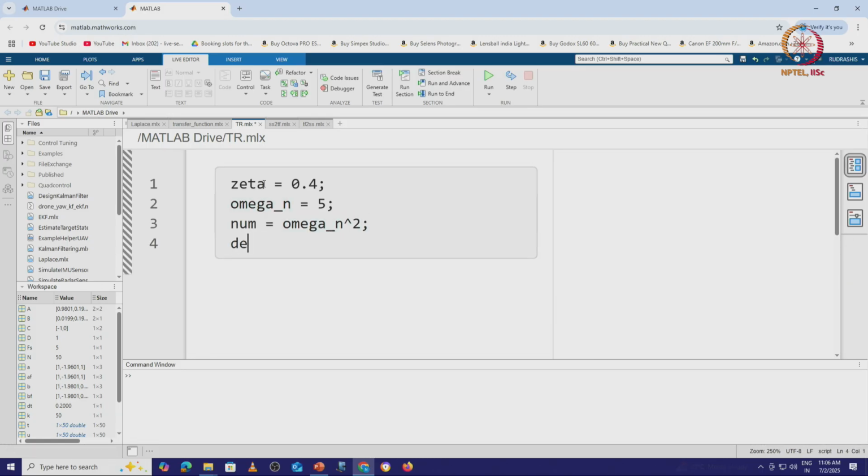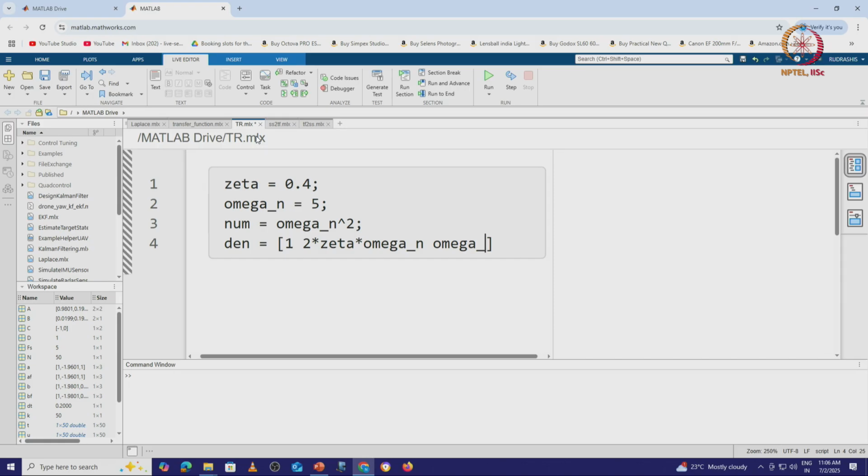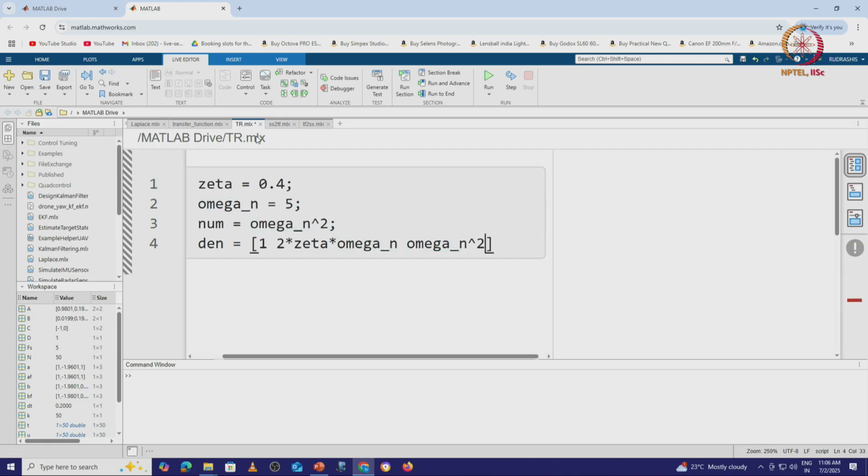And what will be the denominator? The first term is s square, so its coefficient is only 1, then the second term is 2 zeta omega n and s, so the coefficient will be 2 zeta omega n, right, and the last term will be again omega n square. So, this is the denominator.